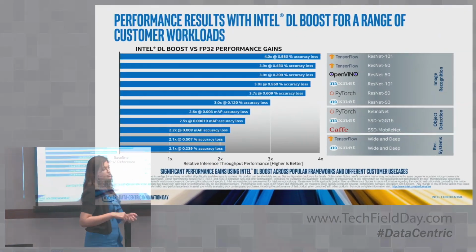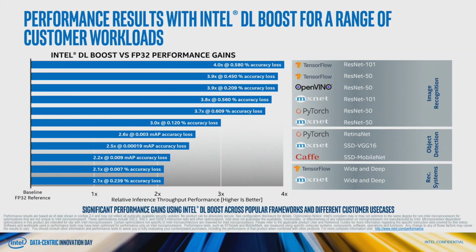And so I still haven't got to the GPU slide yet, but a lot of conversations in deep learning have been about image classification. While that's an important workload, Intel has been busy optimizing a whole range of workloads as well that are important to our customers. And so this slide is an example of the breadth of workloads that we've optimized for DL Boost, across all these different frameworks and across all these different use cases as well.